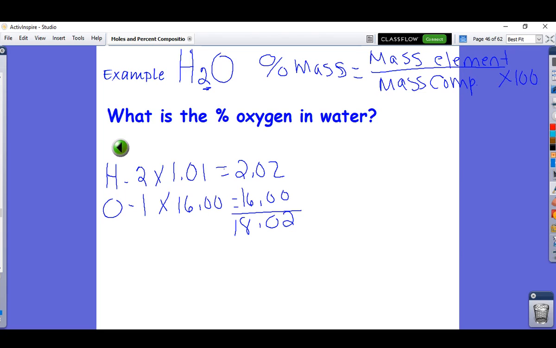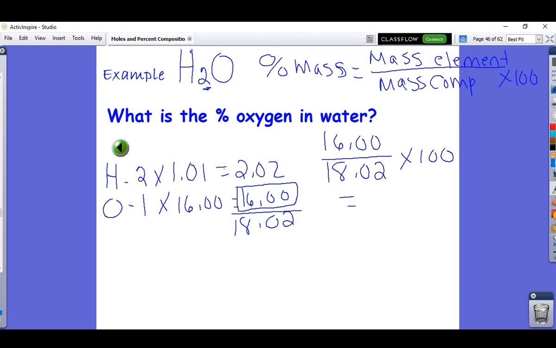To set up this problem, if we're looking for oxygen, this is oxygen's molar mass, 16, and that goes on top. Over, we put the mass of the compound, 18.02. Then we times it by 100, and that gives us the percentage.